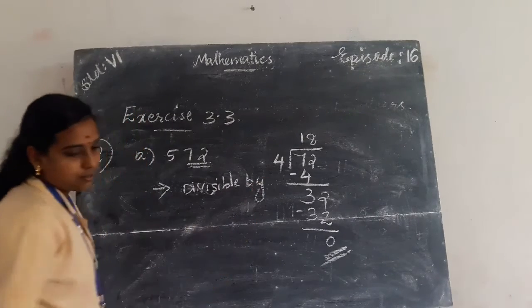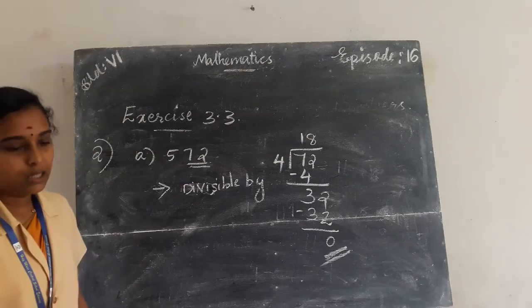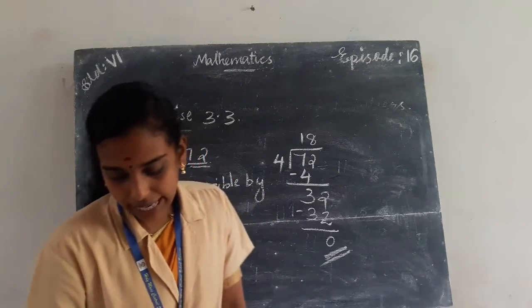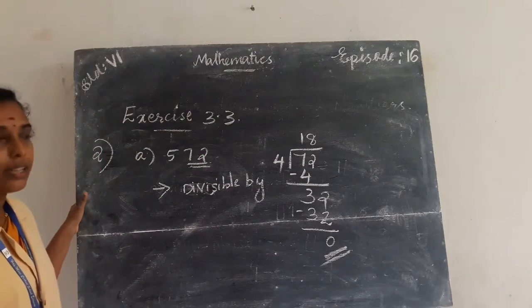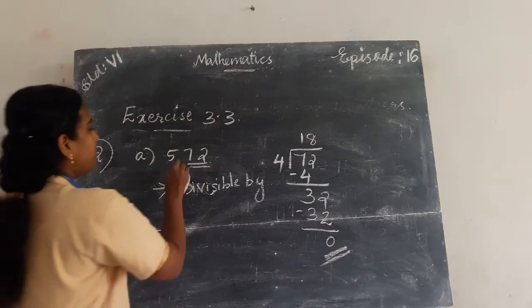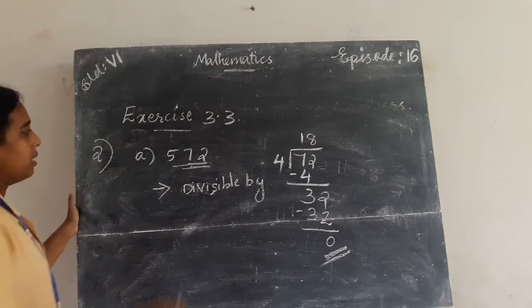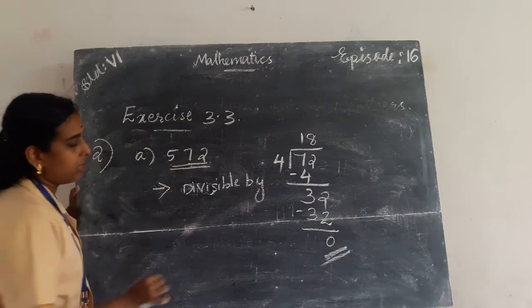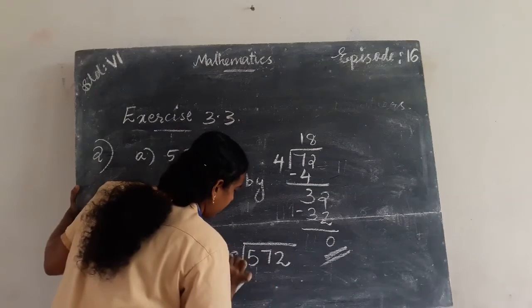And also, to check the divisibility of this number by 8, we take the last 3 digits. If the last 3 digits are divisible by 8, then the whole number is divisible by 8. Here the last 3 digits are 572. So we take 572 and divide by 8.